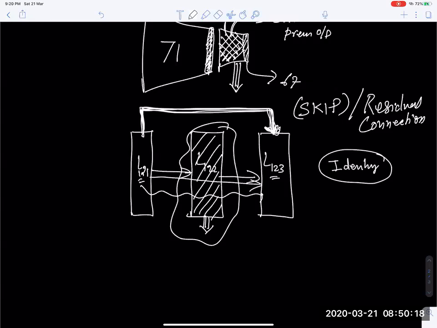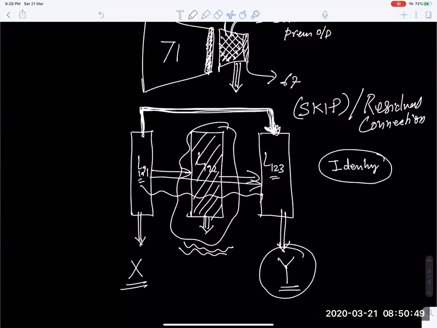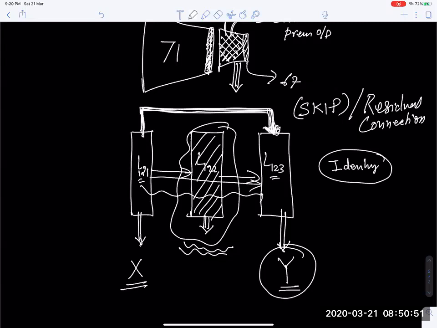Let us assume it again in this way. Suppose here I have something like X, and here I want to learn something which is Y, and my assumption is that since something is in between, it has to be learned so that Y is always more than X. So here I would need to learn the full Y. If I have a connection like this, I am not learning the full Y. I need only to learn Y minus X, because X is directly being given.